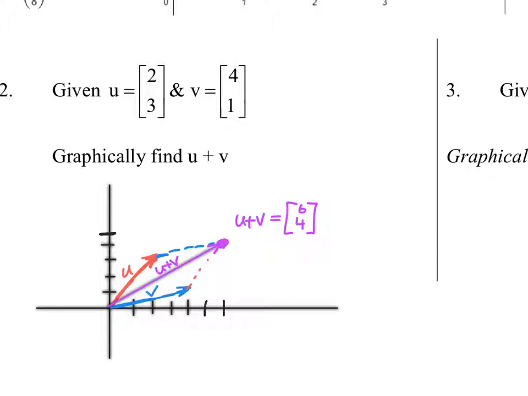The only way to screw this up is to not answer the question that I'm asking. Graphically find it. If you were to say, okay, 2 plus 4 equals 6, 3 plus 1 equals 4, and then do nothing else, you're sacrificing a lot of free points.